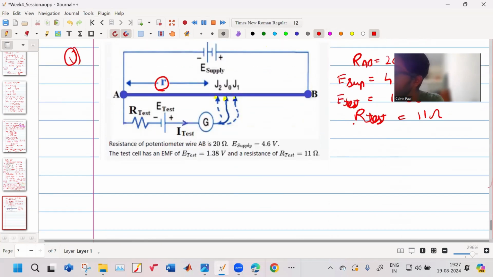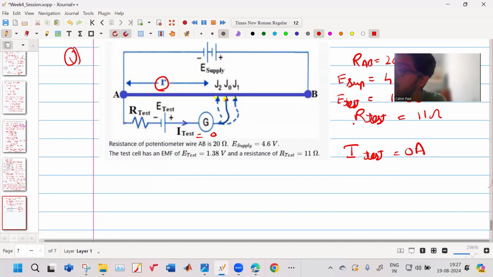So now when will this happen? You want I test to be 0 ampere. If your I test is 0 ampere, then the voltage drop across R test also will be 0, since I test into R test is 0.